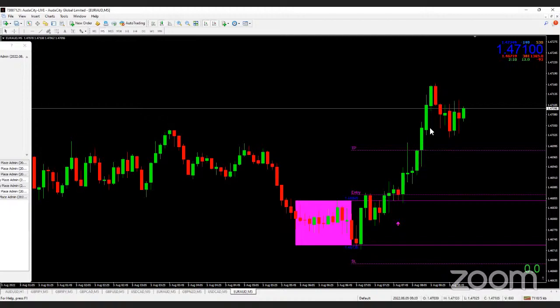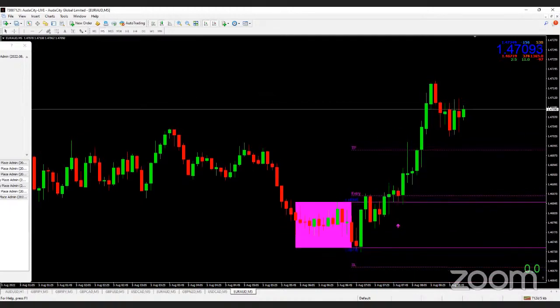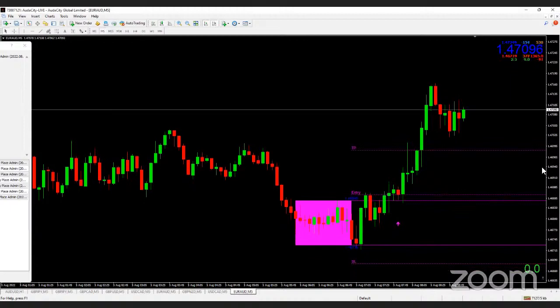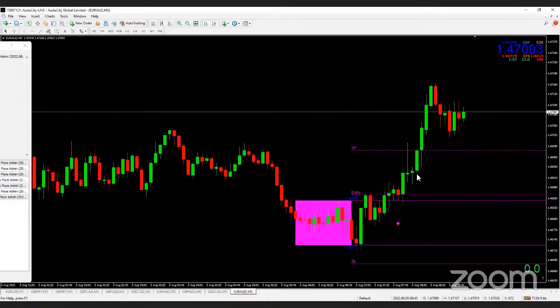So this has basically given us TP1 and TP2. Unless you want to go for TP3, then fine, but I would always advise that you should be content with TP2. If anything, enter 2 positions so that the first one closes at TP1 and the second one closes at TP2.